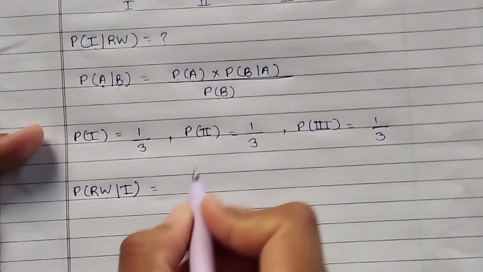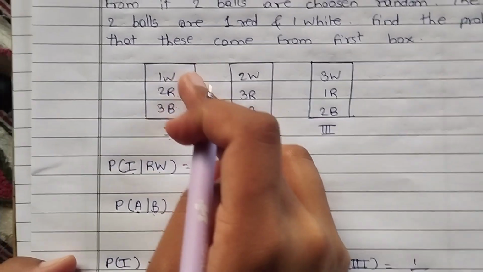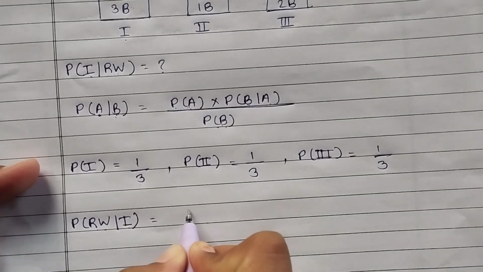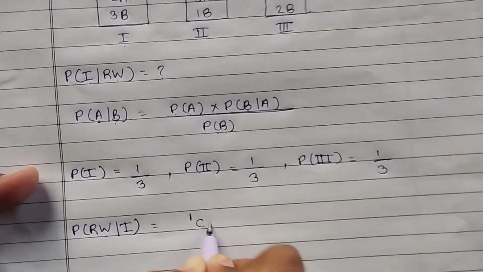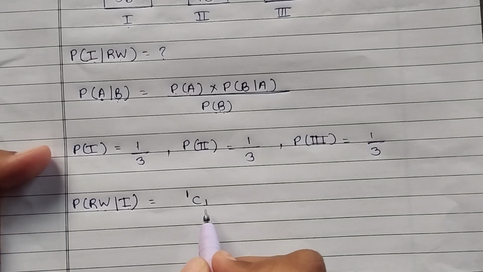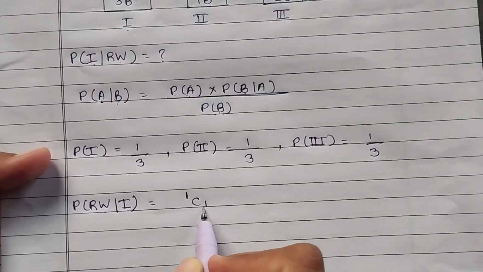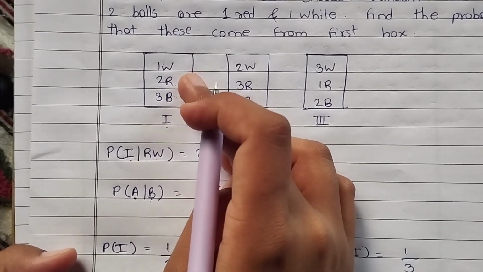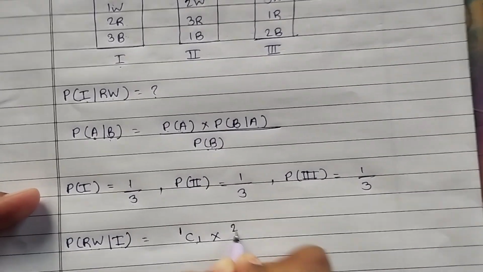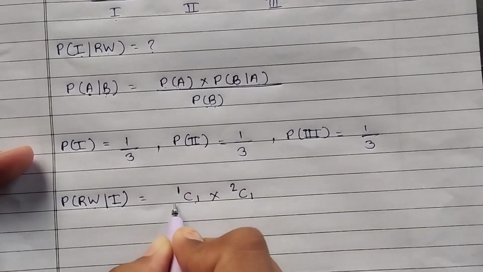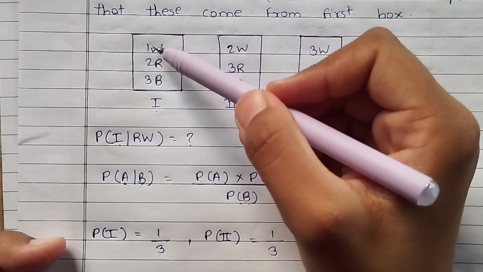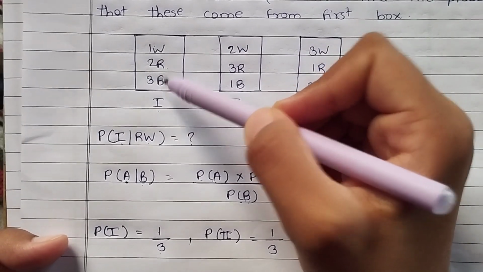Now how many white balls are present in the first box? One white ball. So from 1C1, the combination formula, 1 out of 1 we select. Two red balls are present, so 2 out of 1 we select, 2C1. And how many balls in total are present in the first box? 1 plus 2 is 3, 3 plus 3 is 6.